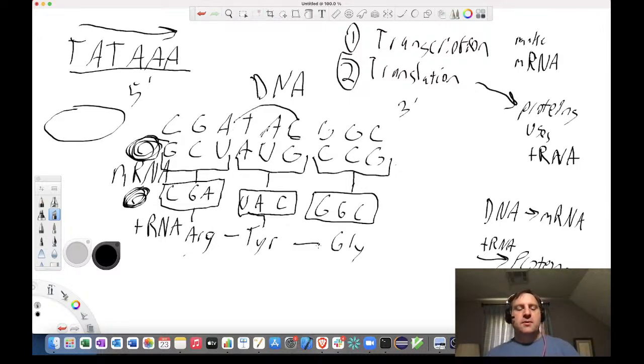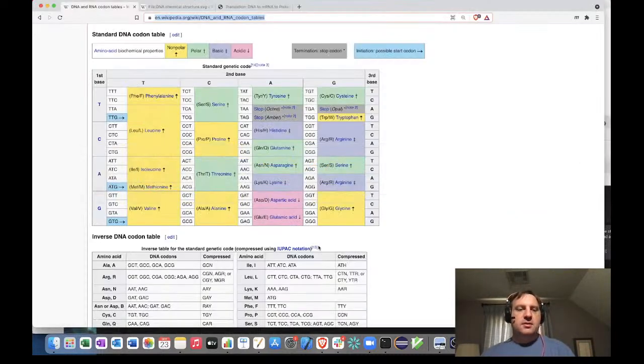All right, and so this table is kind of the standard DNA table. Now, some organisms have slightly different DNA tables, but they're all basically the same. So now there's also a couple interesting things. ATG is oftentimes used as the start codon.